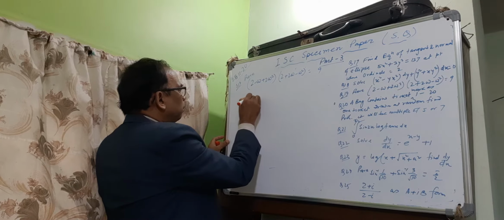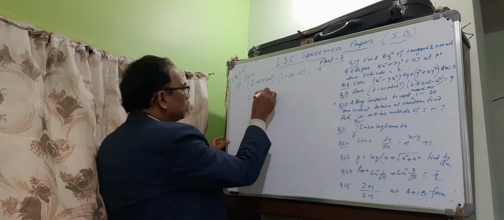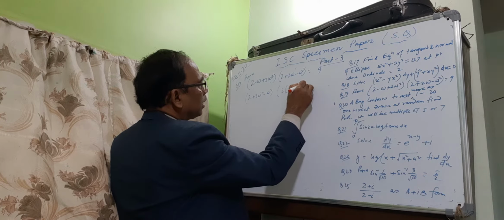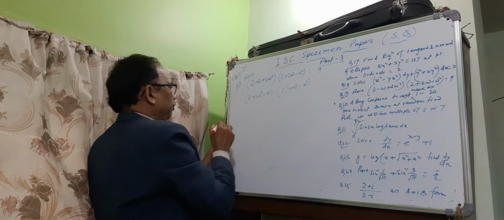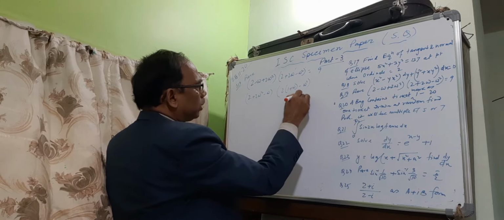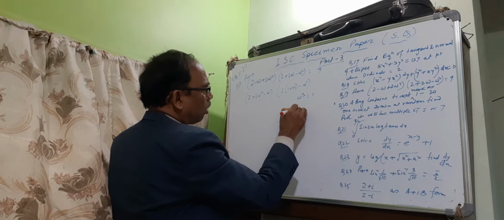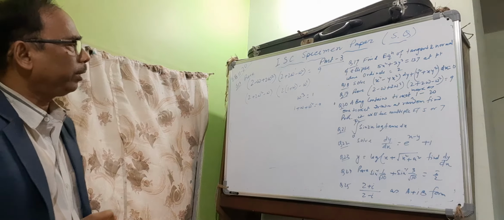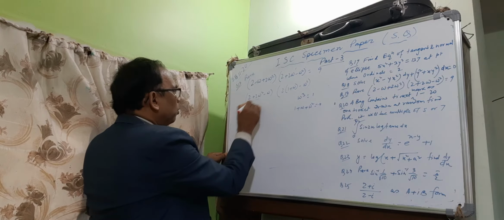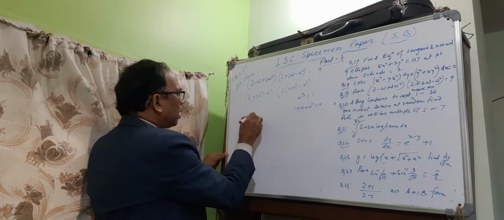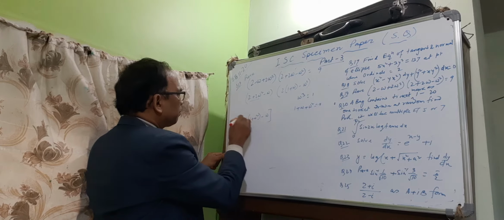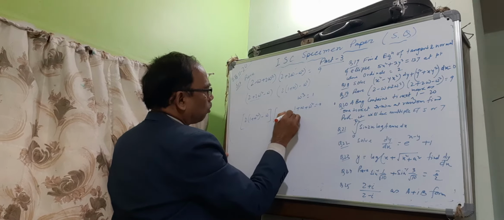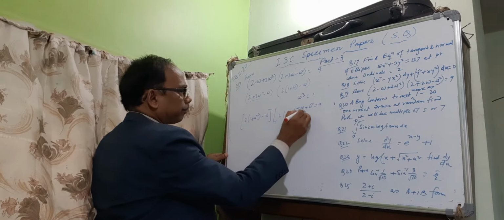Arranging this, 2 plus 2 omega square minus omega, here 2 is common, 2 times (1 plus omega square minus omega), and 2 times (1 plus omega minus omega square). Here omega is a cube root of unity, omega cubed is 1 and 1 plus omega plus omega square is 0.